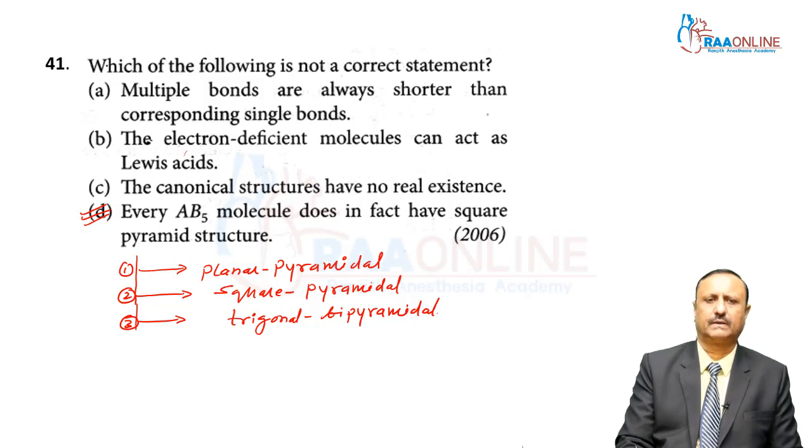Planar pyramidal is this type of structure. This is called planar pyramidal, square pyramidal, this type of structure. A, B, it is called square pyramidal.